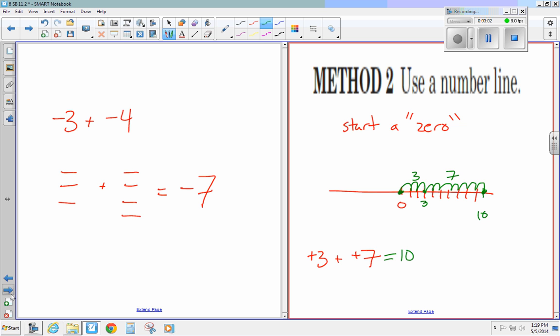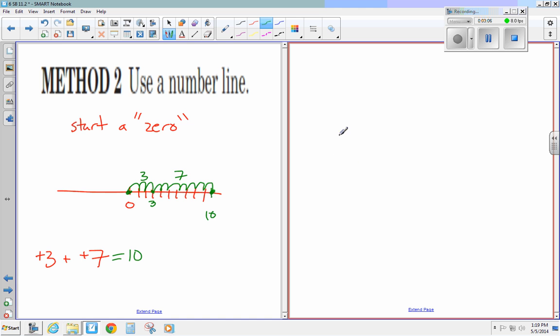Now this also works with negatives. If you did 3 plus negative 7. So here's our number line starting at 0, and we're going to go 1, 2, 3, just like before.